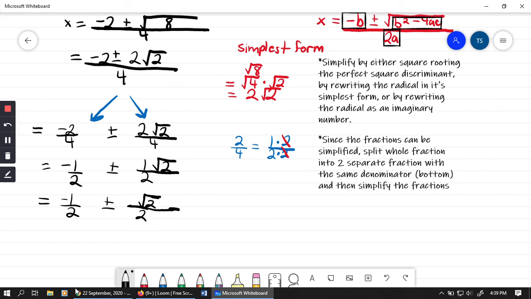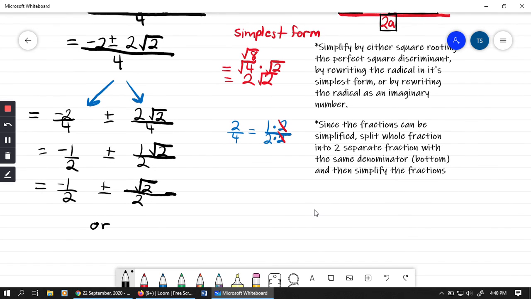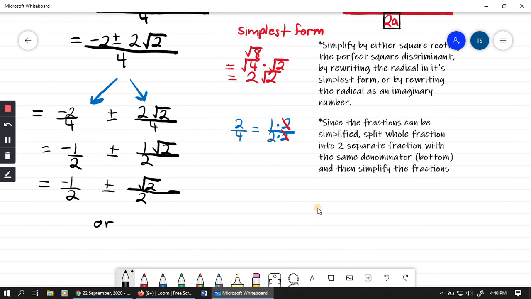But you could either write your answer like this, or put it back together as one single fraction, the same way that we split it into 2.